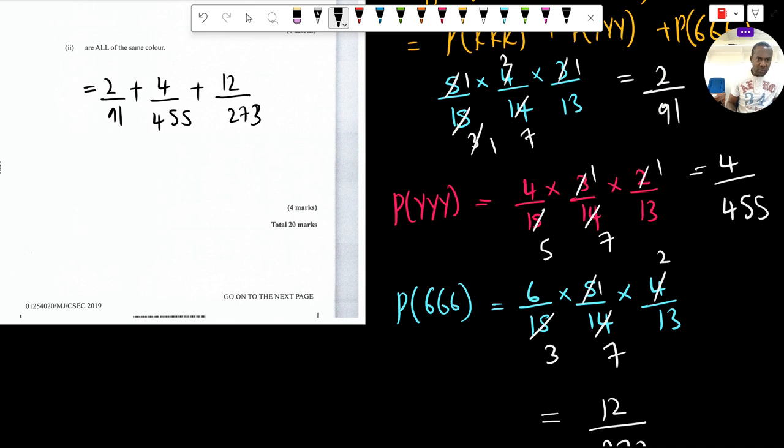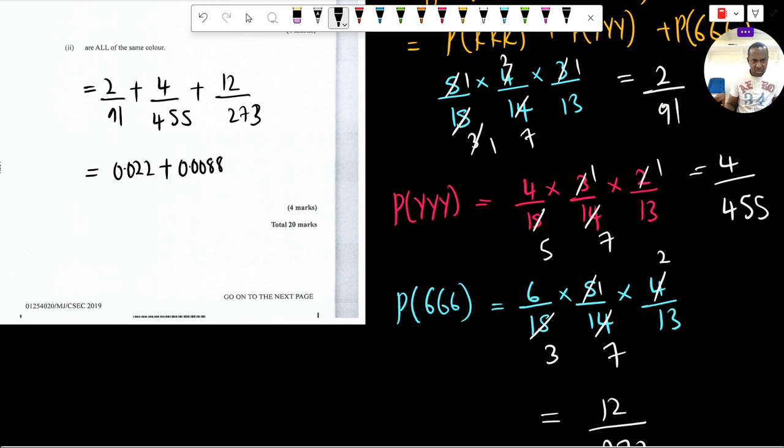Yeah. So 2 over 91, let's put it as a decimal to about 2 decimal places. So let's work with 3 decimal places to begin with, 0.022, plus 4 over 455, that's 4 divided by 455. This is 0.0088. Add an extra decimal place there.